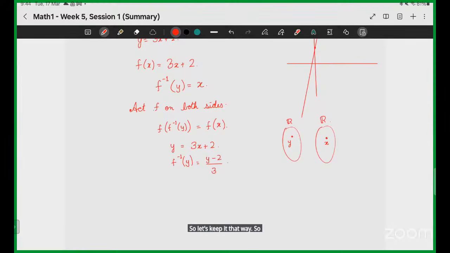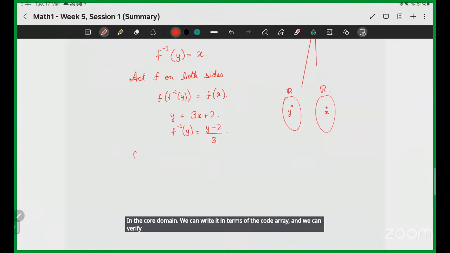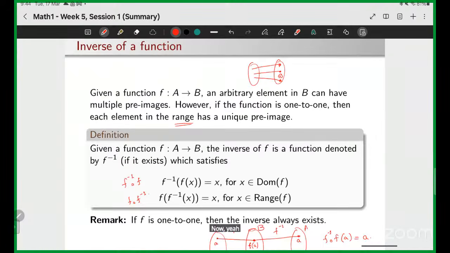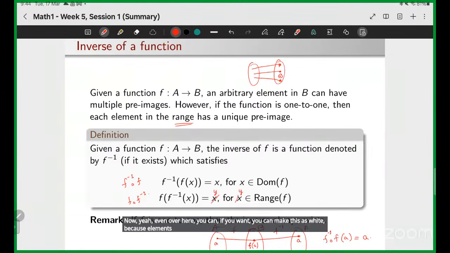So f inverse of an element in the codomain, we can write it in terms of the codomain, and we can verify, if you want, that this actually satisfies f of f inverse of y is equal to y and f inverse of f of x is equal to x. Even over here you can make this as y, because elements of the range are denoted by the letter y.